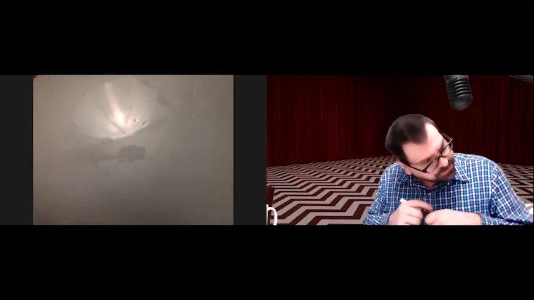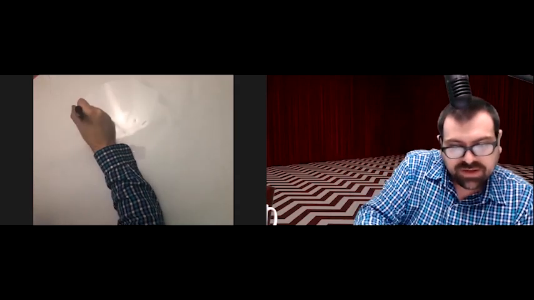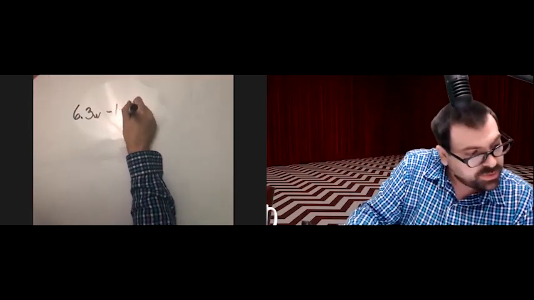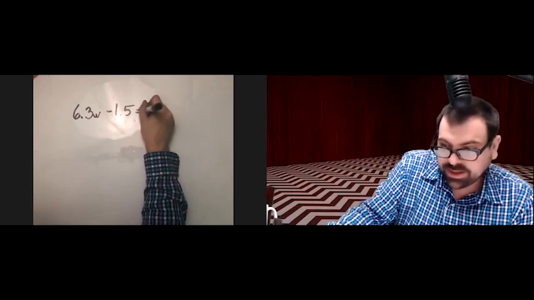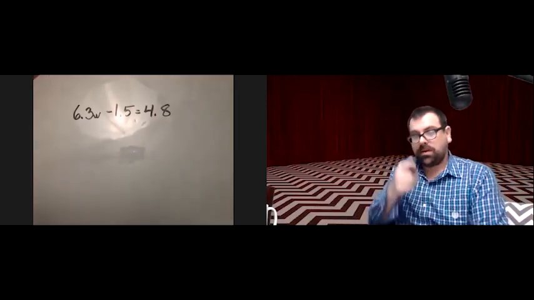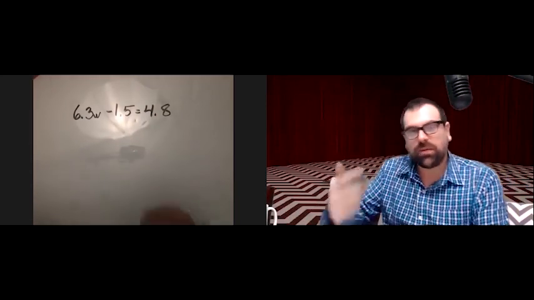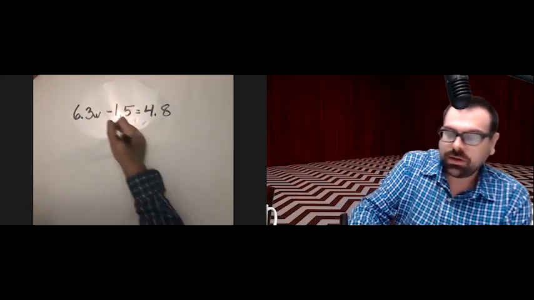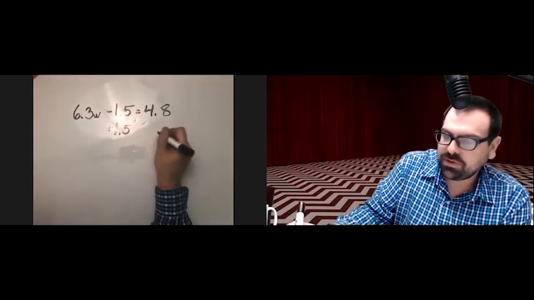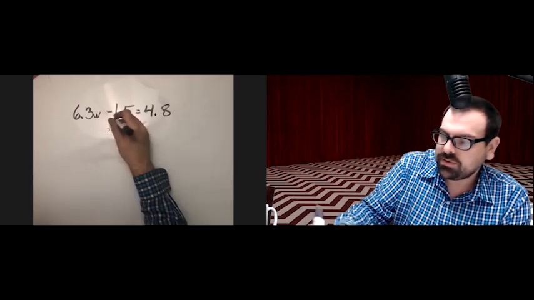We have a similar trick with decimals. If we have 6.3w minus 1.5 equals 4.8, working with decimals, we would add 1.5 to both sides to get rid of it here.